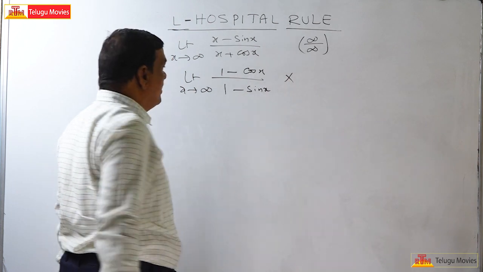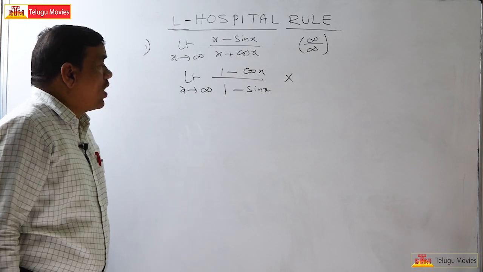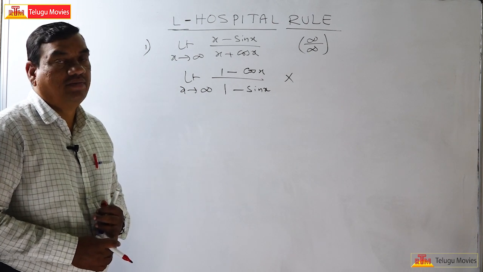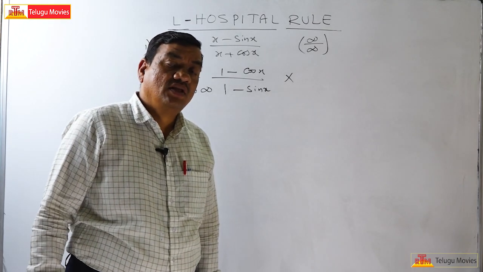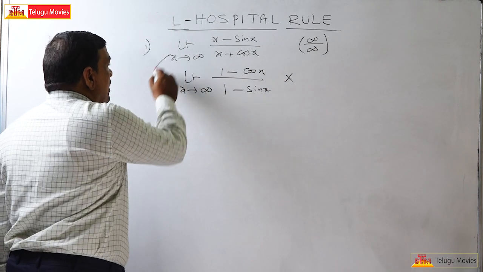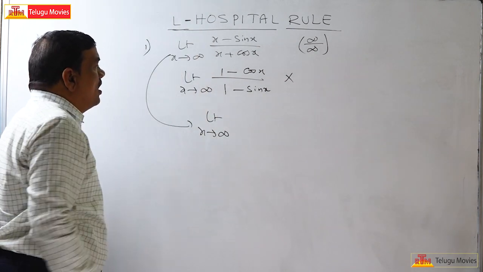We cannot find it as x tends to infinity: 1 minus cos x by 1 minus sin x. This value we cannot determine. So here the L'Hospital rule fails. Then how to do such type of problem? Directly we can do this problem as limit x tends to infinity.